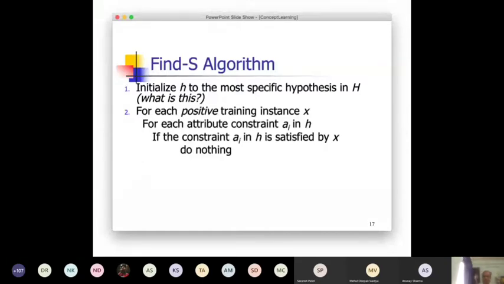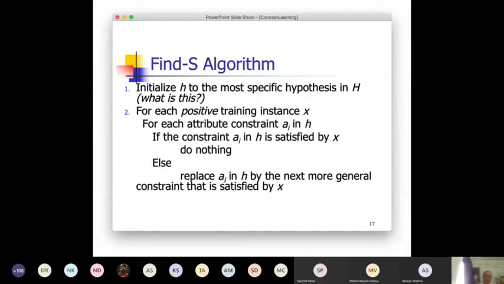As you see, that is the constraint we imposed on the representation of a hypothesis in terms of Boolean literals. So in that literal, if you find that the value of AI is not satisfied, which means there is another value of AI, and naturally this condition is not going to be satisfied with this value, then you should make it any value, which means that question mark symbol.